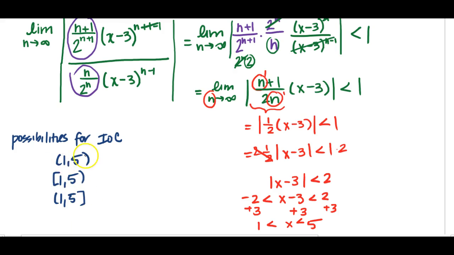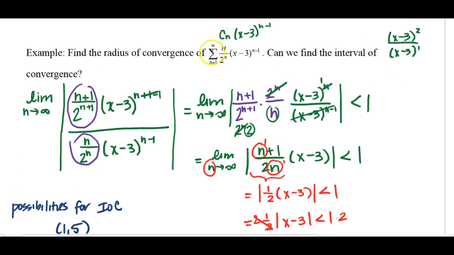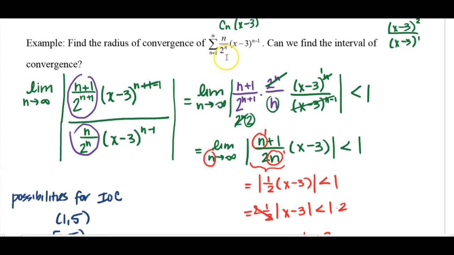In other words, I'm not sure what happens at the endpoints. Or, technically, sorry, the last possibility: closed at 1, closed at 5. These are the 4 possibilities for the interval of convergence, and I won't know until I test them. So I go ahead and take 1 and 5 and plug them back into the original power series and see whether or not that series converges or diverges.